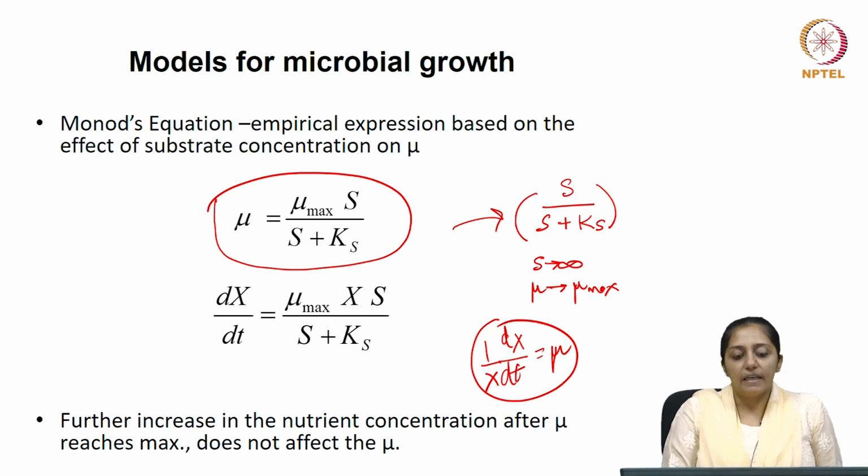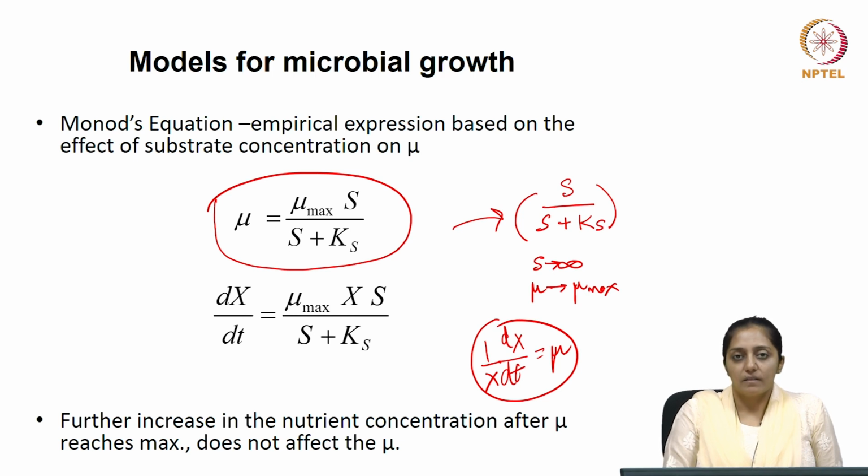Now, in the second line, the mu has been substituted by 1 by x dx by dt, and the x has been taken to the right hand side of the equation, towards mu max S upon S plus Ks.